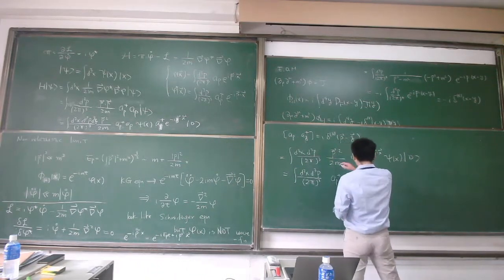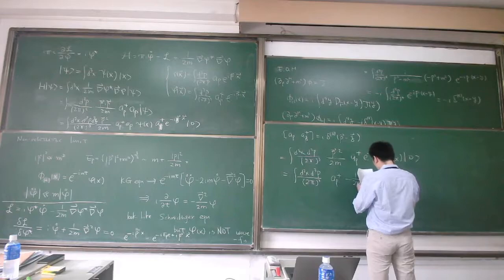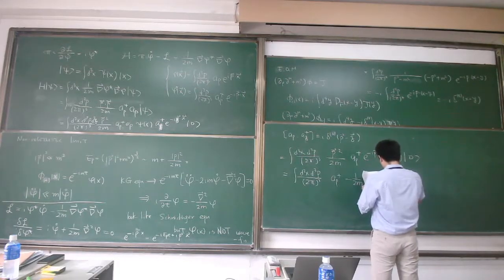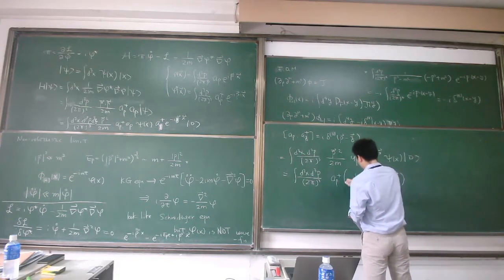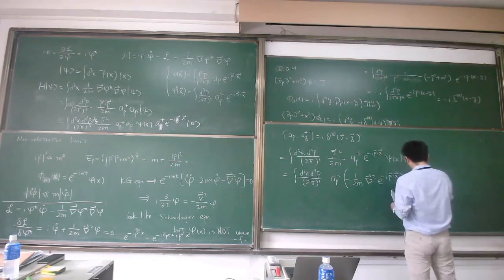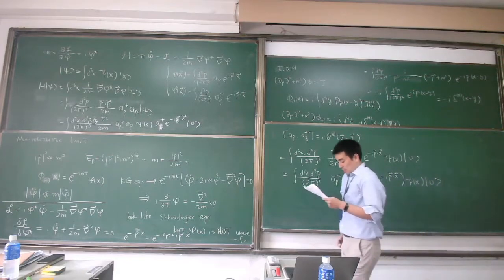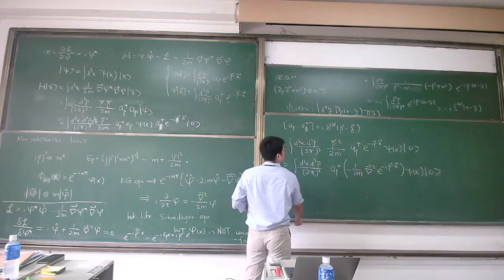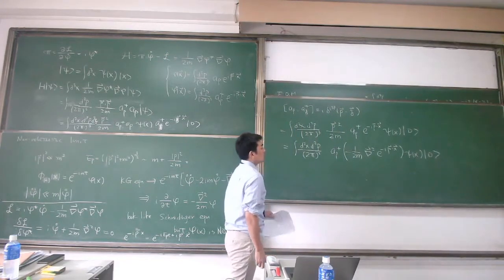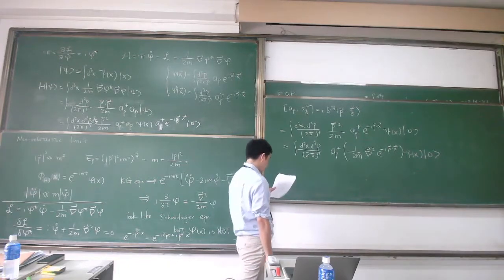So this p squared can be understood as e to the minus i p dot x and psi of x. Okay, and then just do the integral part.